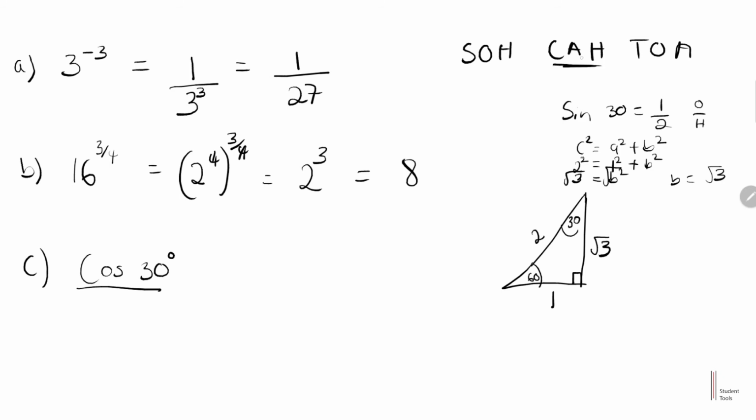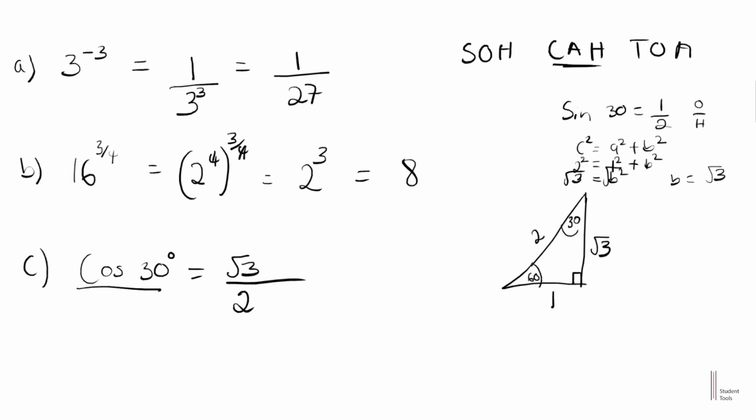So it will be the adjacent over the hypotenuse. So cos 30 degrees will be equal to the adjacent of 30 degrees, which is root 3, over the hypotenuse, which is 2. So this is the exact value of cos 30. And that is just how we do it.